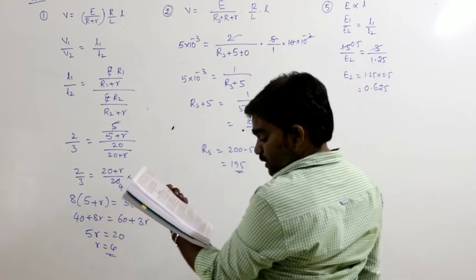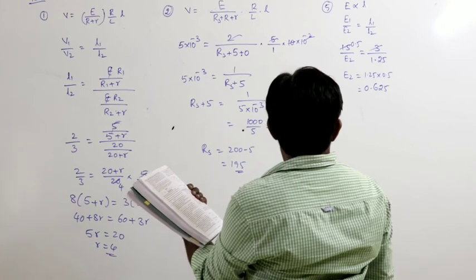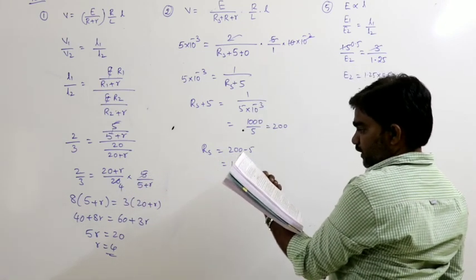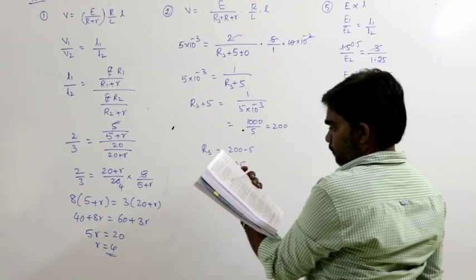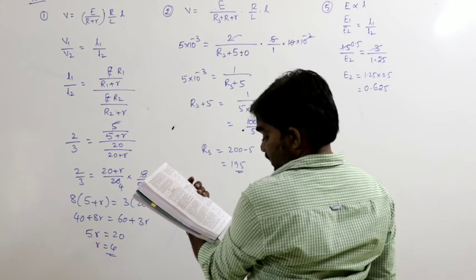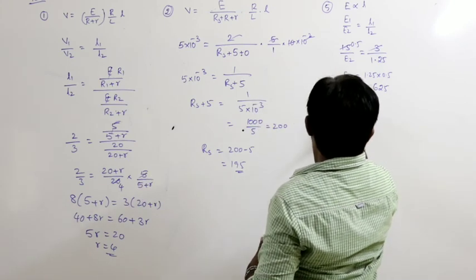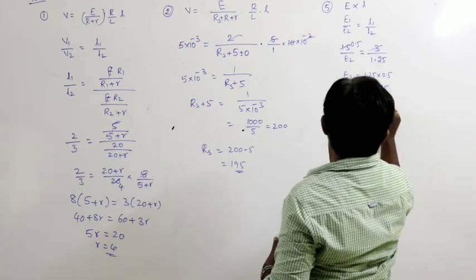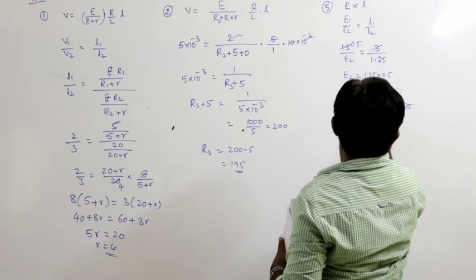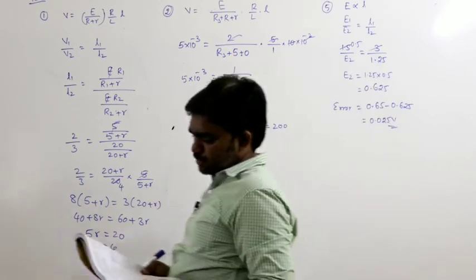But what is the error? What is the measured value here? It reads 0.65. Error is equal to 0.65 minus 0.625, so 0.025 volts. Second option it is.